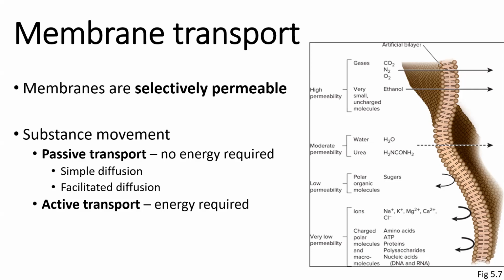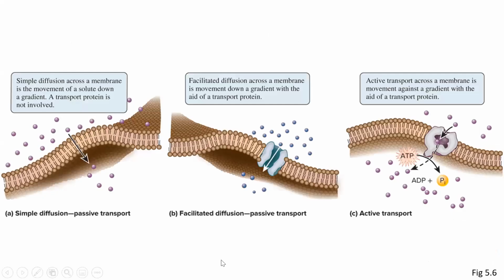So we're going to be talking about all those. So simple diffusion, okay, let's say we have oxygen. This is all oxygen that we just inhaled. We need it to cross the membrane, and we want it to go into the mitochondria so we can undergo cellular respiration. That's going to be a simple diffusion process.